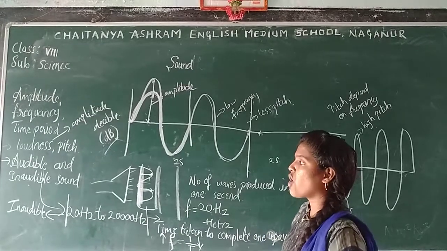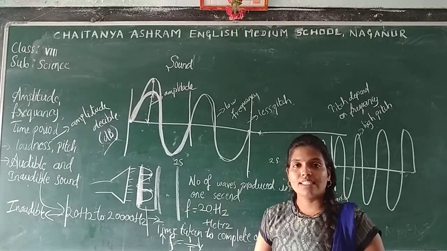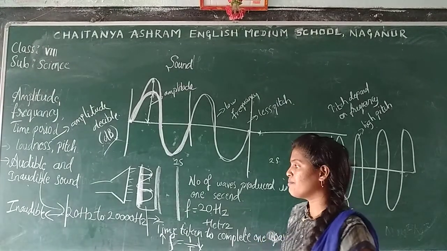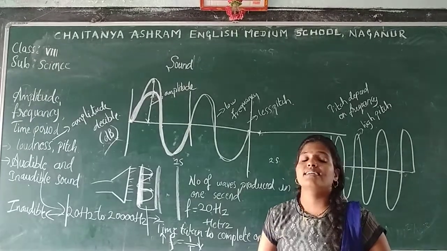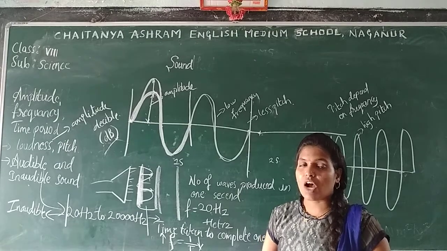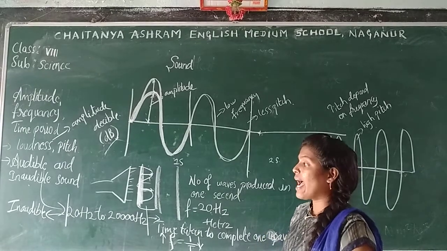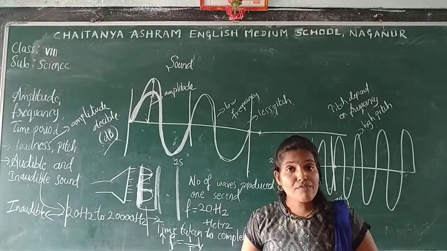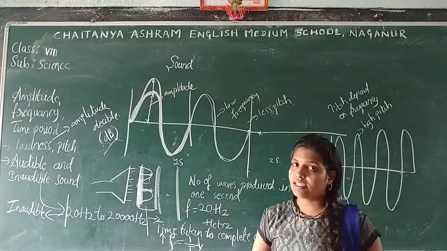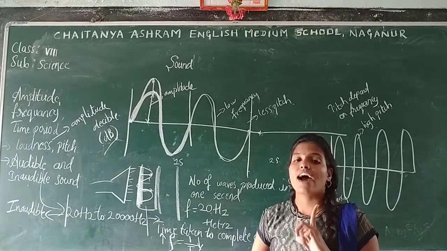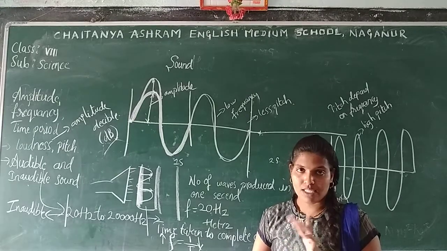Next, sound of frequency from 20 Hz to 20,000 Hz is called audible sound, and sound of frequency below 20 Hz and above 20,000 Hz is called inaudible sound.